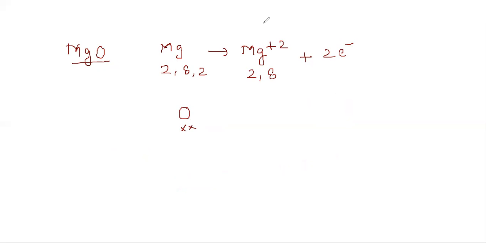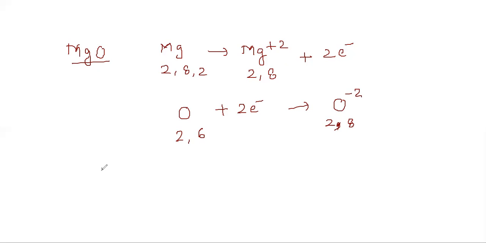So we can write its electronic configuration as 2, 6. It requires 2 electrons to give O2-, and electronic configuration becomes 2, 8.